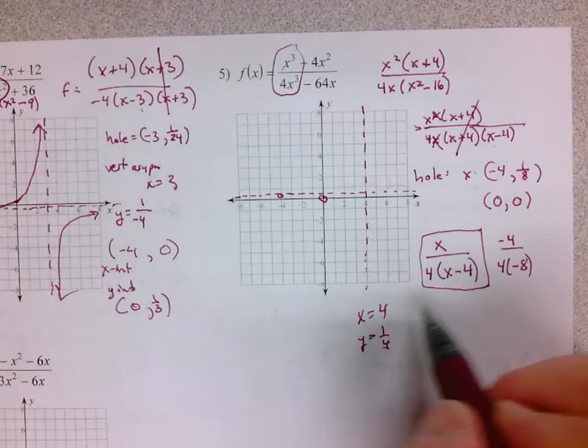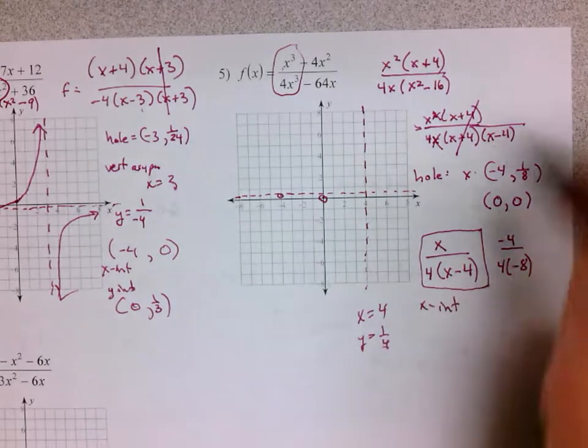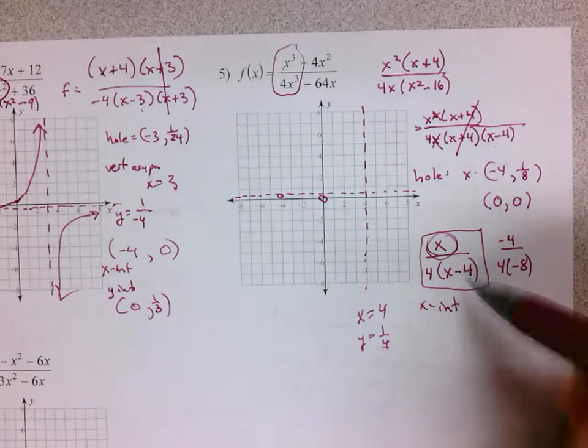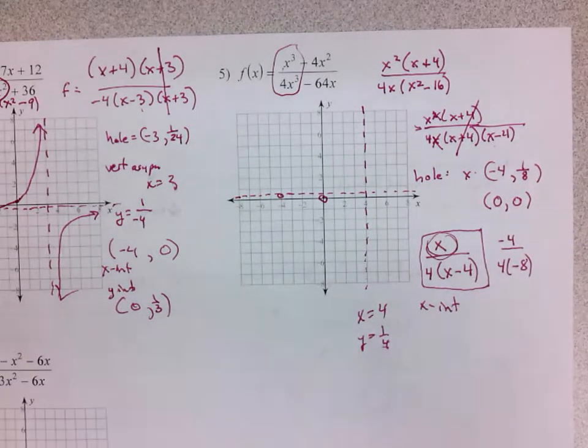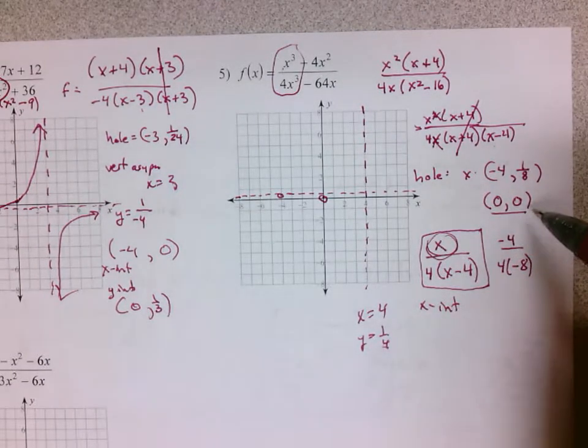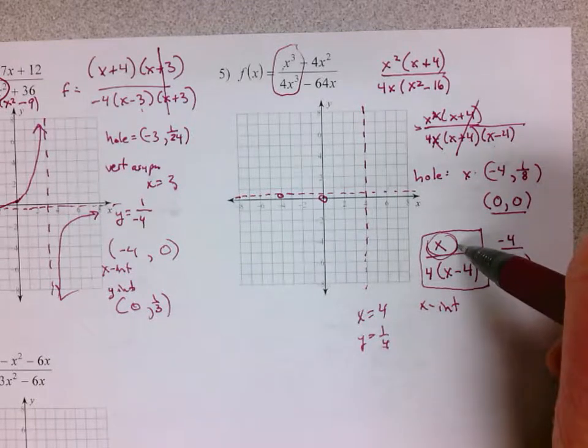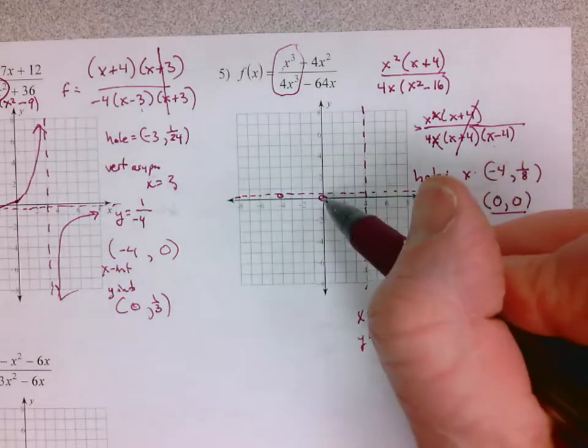X-intercept is where the numerator here is 0. So now I have a problem. You might be able to even answer it without your calculator. So my x-intercept should be at x equals 0, at 0, 0, our point that we made.